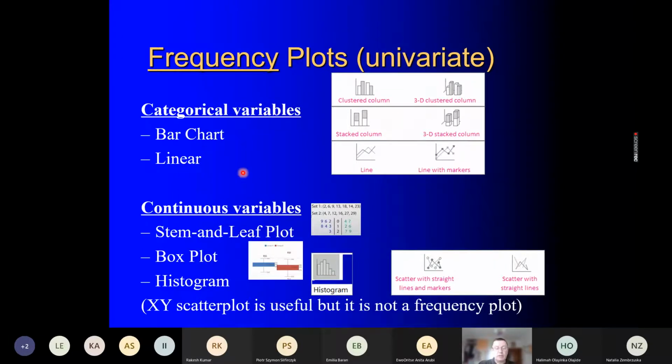On the other hand, for continuous variables, I made emphasis mostly when we talk about an independent variable of continuous type: box plot, stem and leaf, histogram, useful as an analytical tool and visualization tool. Only the scatter plot is used differently, and here is a very important notice: it's useful, but it is not a frequency plot.